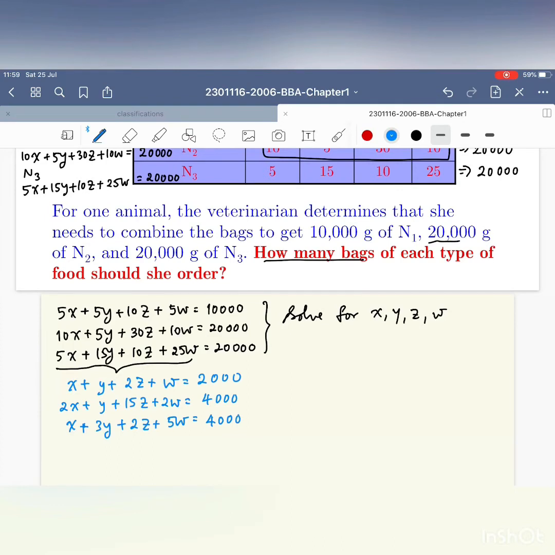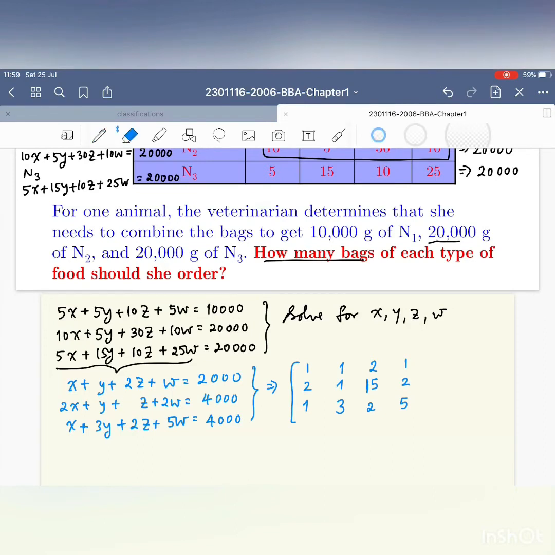Okay, and then if you notice, you can see the coefficient for x, you got a 3 equation. Coefficient for y, you have this one. Coefficient for z, you have this. And coefficient for w, you got 1, 2, and 5. Oh, this one I did it wrong.